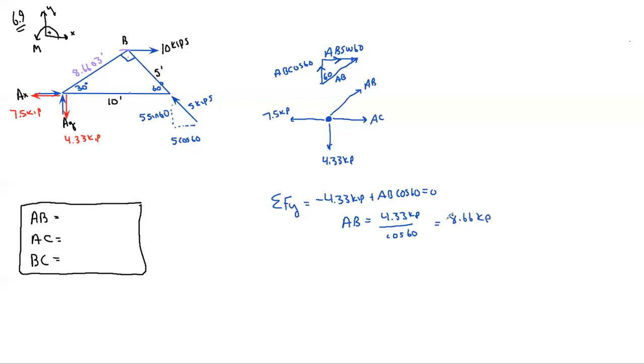The positive answer is an indication that I have AB in the correct direction. AB is 8.66 kips. The arrow is pulling away from the pin, which is an indication that the member is in tension.